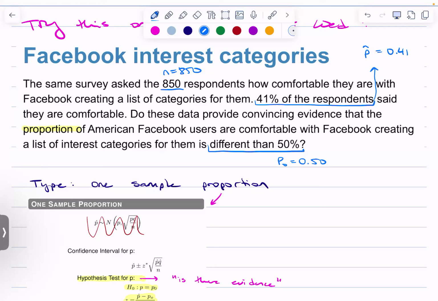So that P naught is always going to be the value that you want to compare your P hat to. 0.41 is different than 0.5, right? Really what we're trying to get at is, once we've taken into account variability and we're allowed to move around from different samples, then can we say it's significantly different from 0.5? And so that's what we're trying to get at.